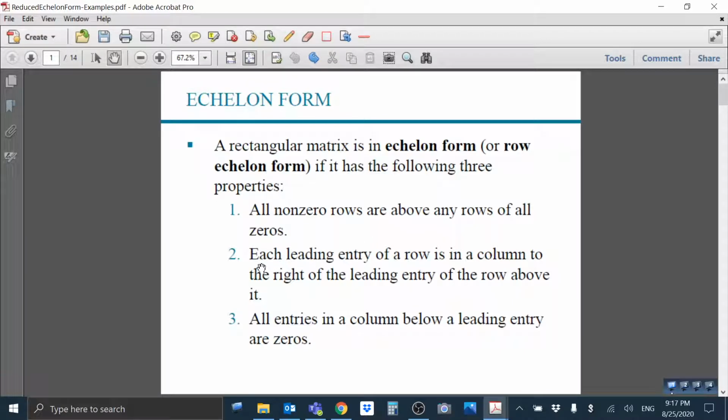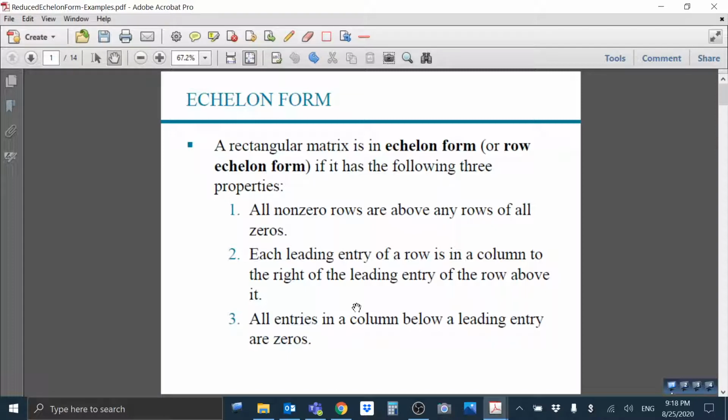Second condition, each leading entry of a row is in a column to the right of the leading entry of the row above it. Okay. Translation from Chinese, these leading entries, those are leading entries, any number different from zero. So if you have a row, you find the first number that is different from zero in that row.